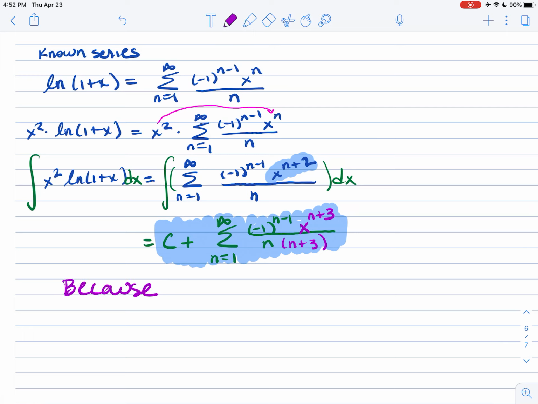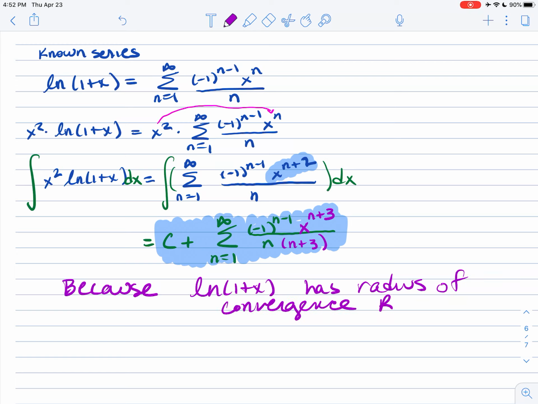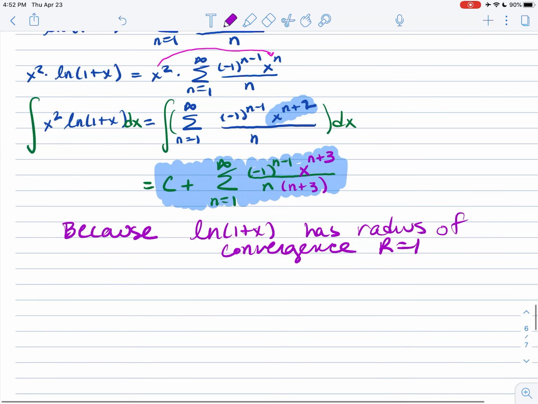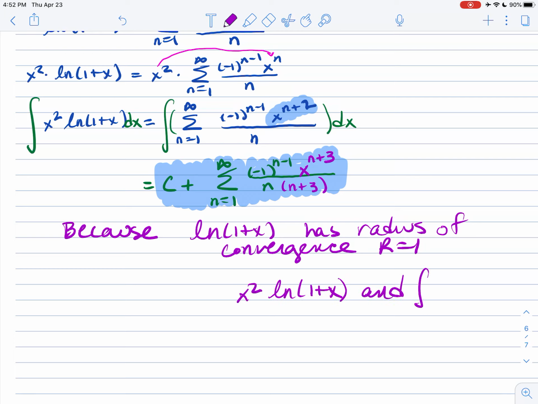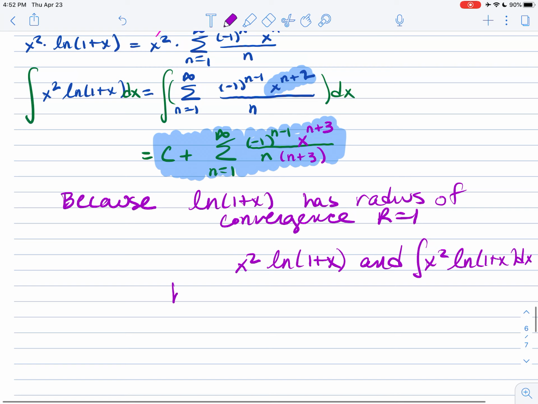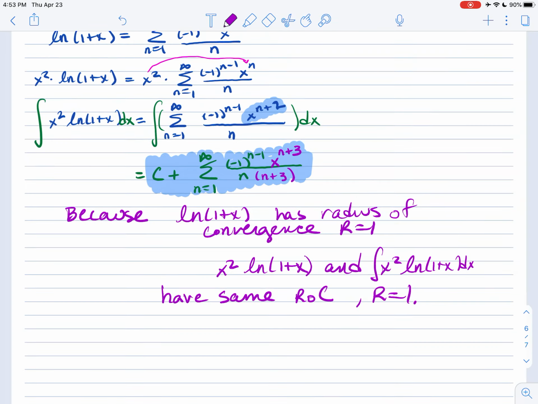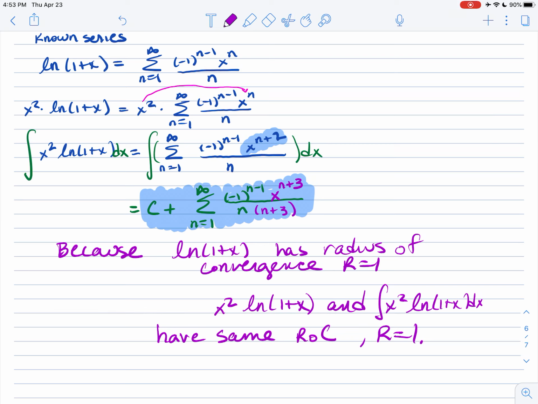Now, because ln of 1 plus x has radius of convergence R equal to 1, x squared ln of 1 plus x and the integral of x squared ln of 1 plus x dx have the same radius of convergence, which is R equal to 1.